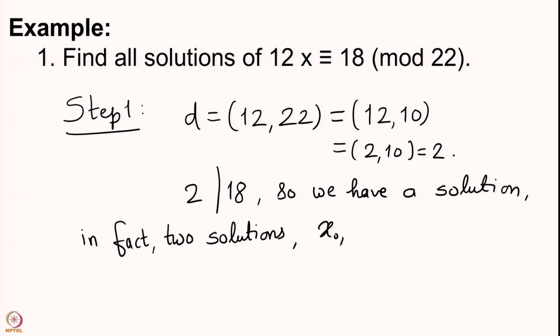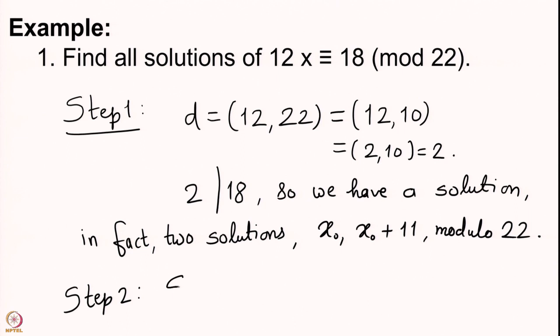These will be x naught and x naught plus 11 modulo 22. 11 is 22 upon 2. So, that is step 1 which is completed. So, step 2 will tell us that solve 6x congruent to 9 mod 11.